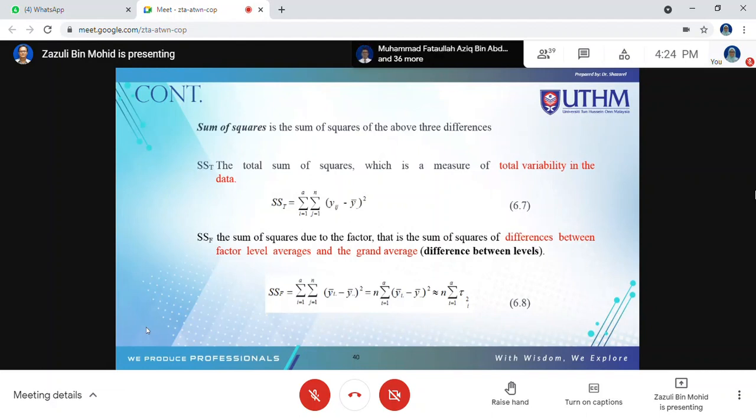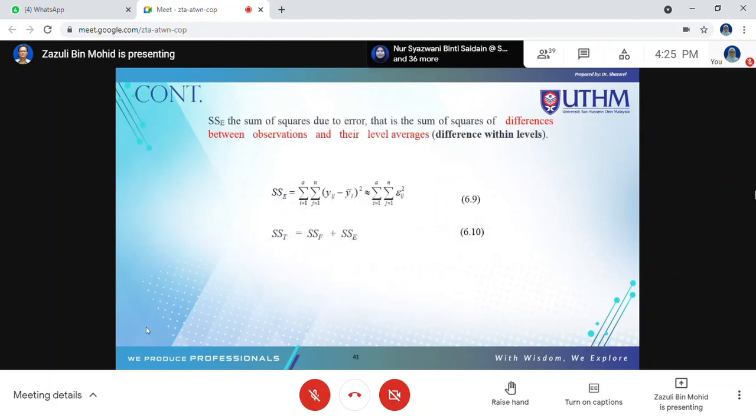The next slide shows what is meant by SST and SSF. SST is a measure of total variability in the data, whereas SSF is the sum of squares of differences between factor level averages and the grand average. So it means SSF is the difference between levels.